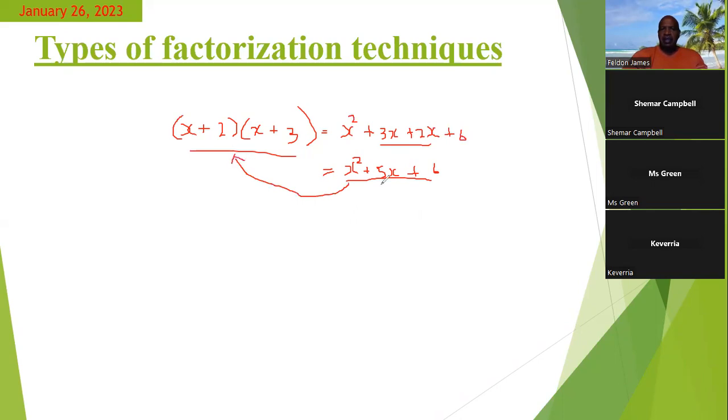Now, this expression here, we refer to as a quadratic expression. I'll talk a little bit more on that when we move further on. But I just want you to understand that what we have been doing is removing brackets, and factorization is the reversal, we're putting back brackets, right? And that's what we're doing here.